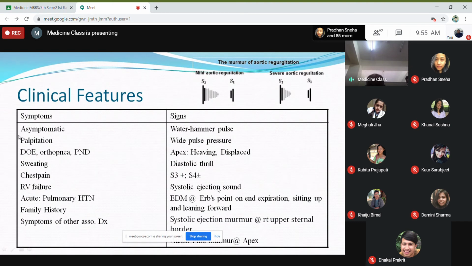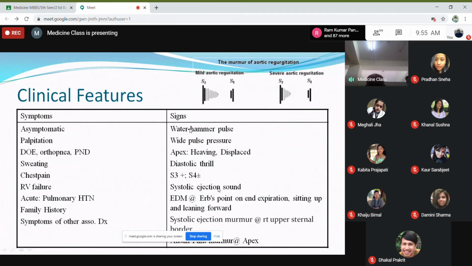The palpitation is because of the enlargement of the heart and the heart coming very close to the chest wall, and because of the volume overload, the patient will feel palpitation. The dyspnea on exertion is because of the decrease in ejection fraction. And the patient may have chest pain because of myocardial ischemia as well.